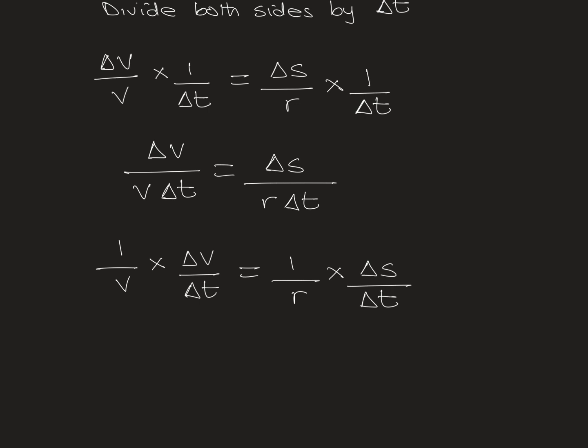So in physics, what is delta V all over delta T? It is change of velocity divided by change of time, that is acceleration. And delta S divided by delta T, what is that? Change in displacement divided by change in time, that is velocity.